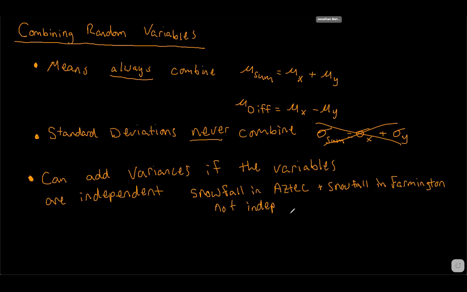If it was snowing in Aztec one morning, it's probably going to be snowing in Farmington as well. So knowing that it's snowing in Aztec makes the probability that it's snowing in Farmington go up. That means they are not independent, and you can't combine the variances. That situation would not work.